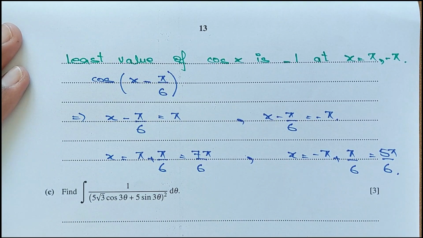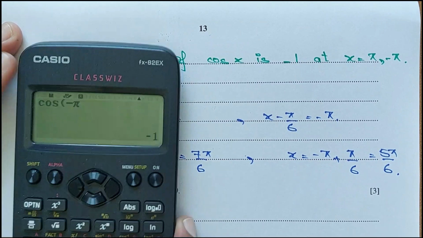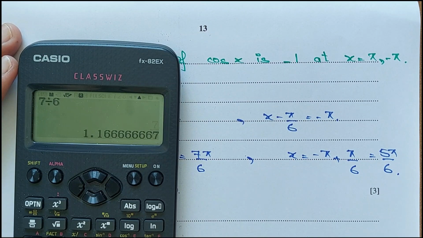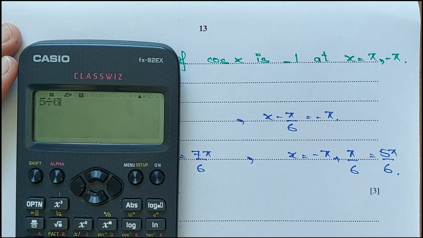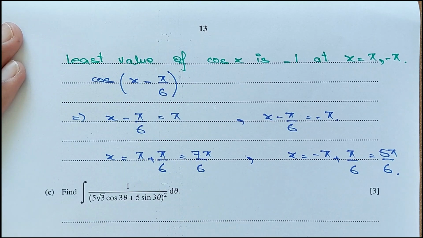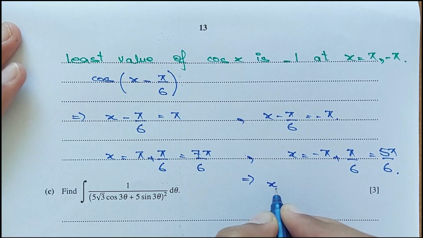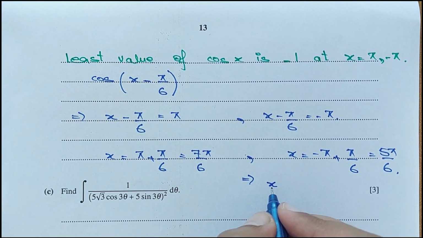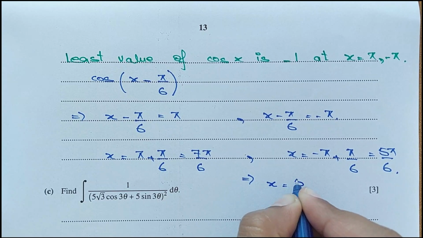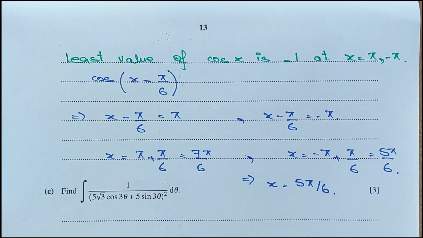The given range is minus pi to plus pi, so 7 pi by 6 is outside and 5 pi by 6 is inside. So the corresponding value of x is 5 pi over 6, right?